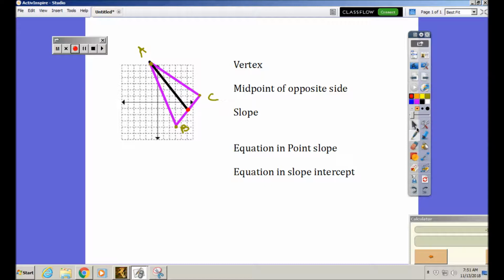So let's do vertex B. For vertex B, I can look at my paper. It's 3, negative 4.